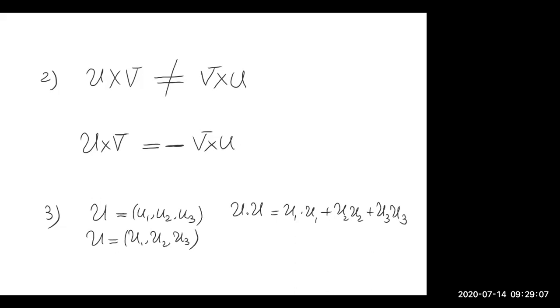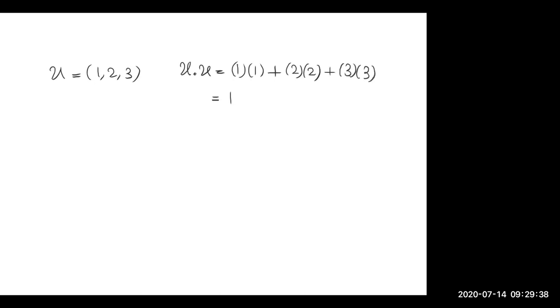So it would be u1 squared plus u2 squared plus u3 squared. So for example, if u is 1, 2, 3, the inner product of u with itself is 1 times 1 plus 2 times 2 plus 3 times 3, which is 1 plus 4 plus 9, which is 14.